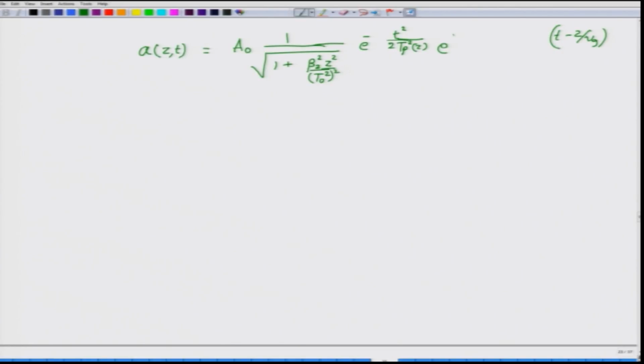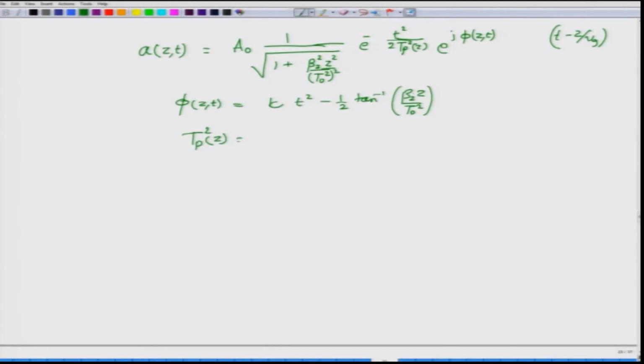In addition to this, there will be another complex term that is a function of z and t as well. So, it is important to remember what this is. If you look at phi of z, t, that would be equal to kappa t square minus half tan inverse of beta 2 z divided by t 0 square. Do not worry about how you get these equations; you get them by fairly simple means of writing a complex number in its magnitude and phase form.